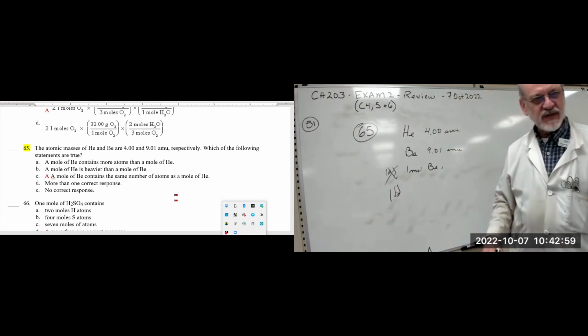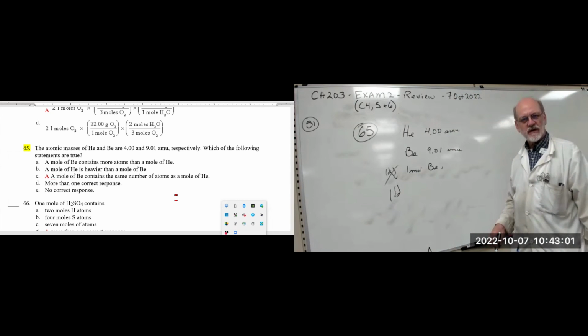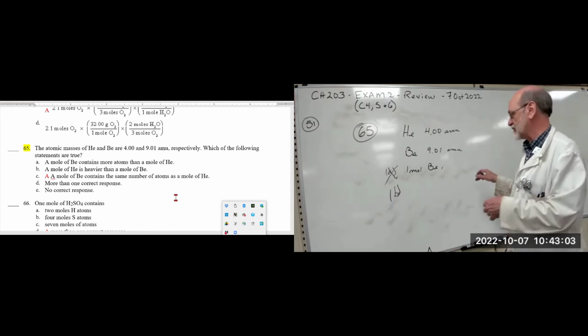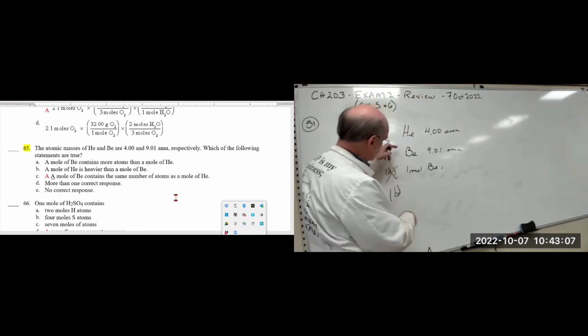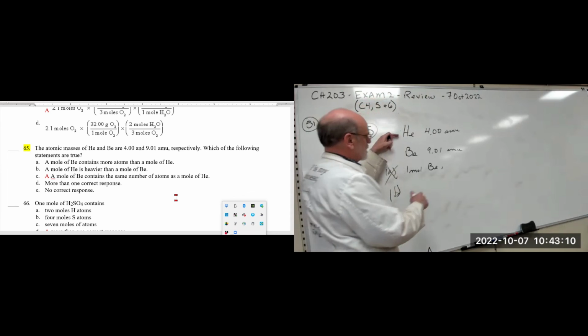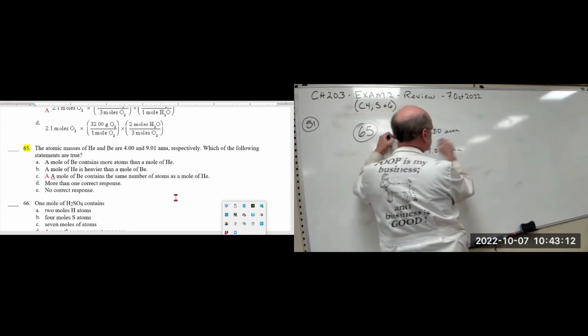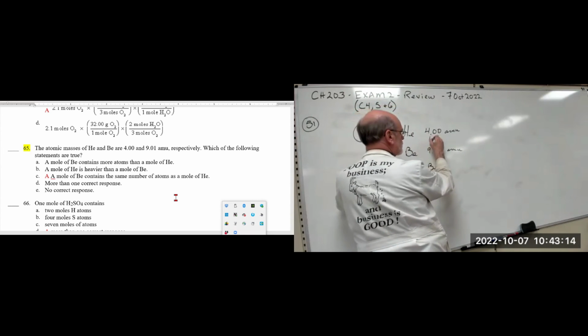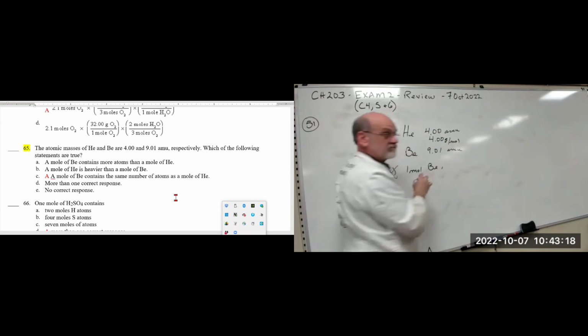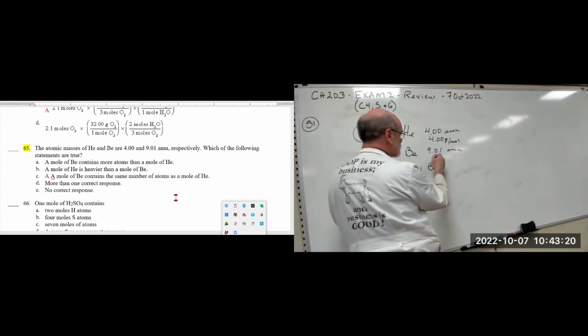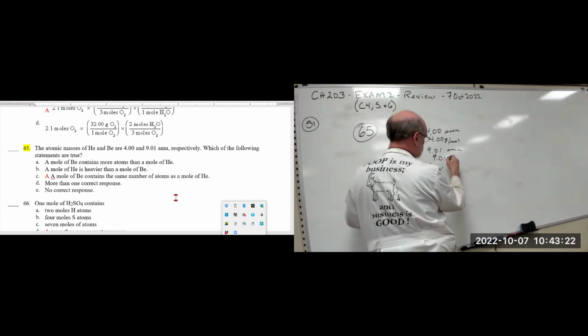Let's see if we can make sense of B. A mole of helium is heavier than a mole of beryllium. This might make some sense. A mole of helium, right? If 1 mole, how much does 1 mole weigh? 4 grams per mole, right? This one is 9 grams per mole.